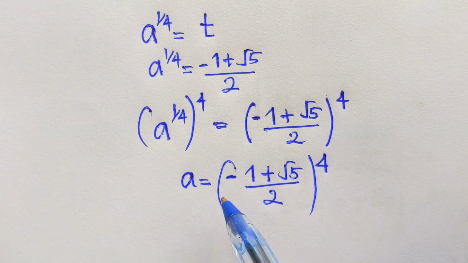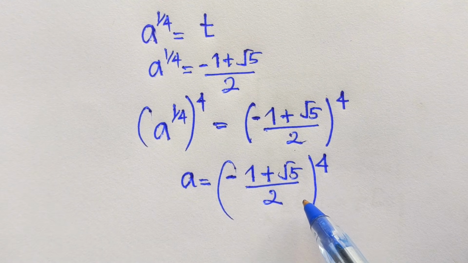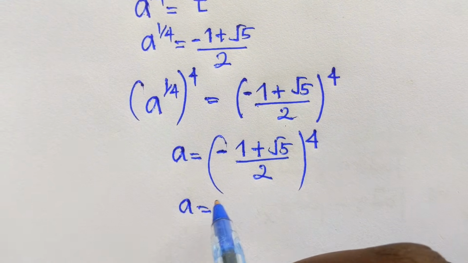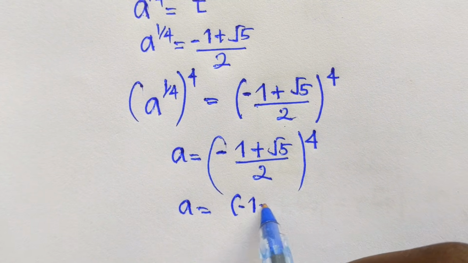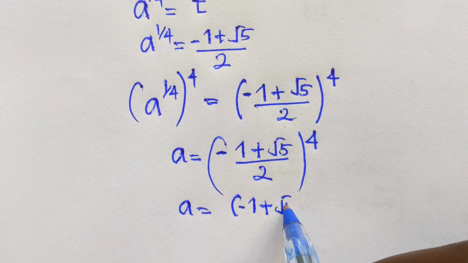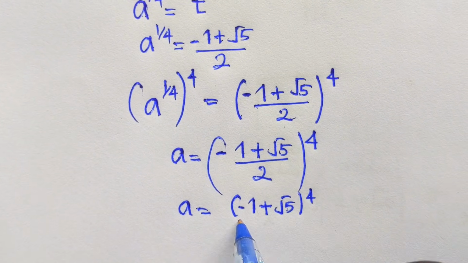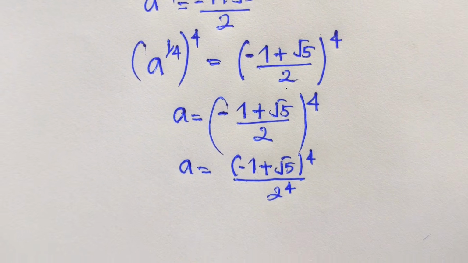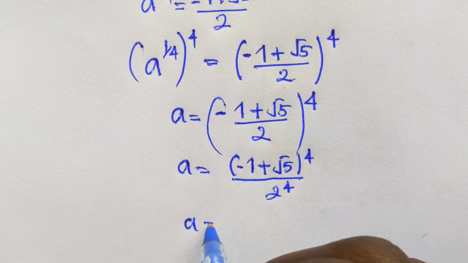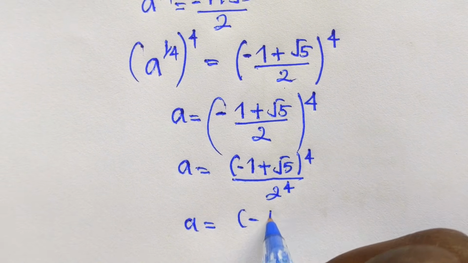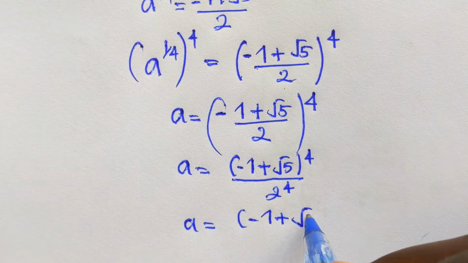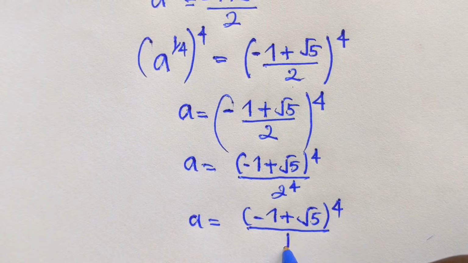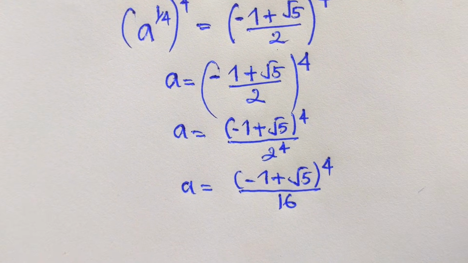If we raise this to the power 4, we shall have a equals -1 plus square root of 5 power 4 over 2 power 4, which is -1 plus square root of 5 power 4 over 16.